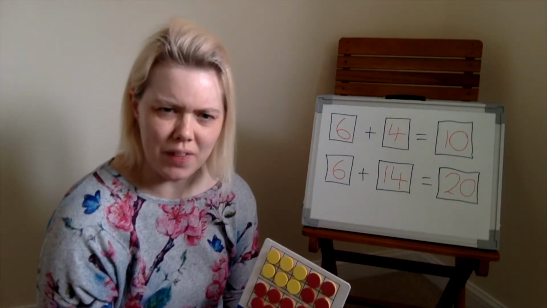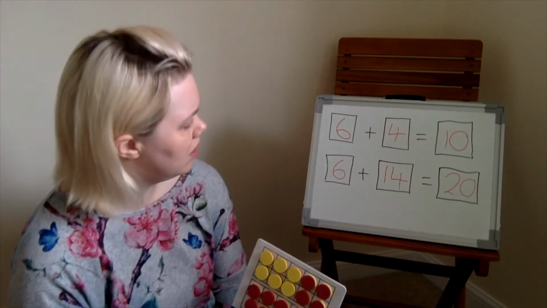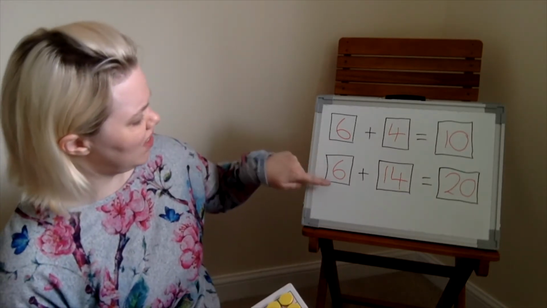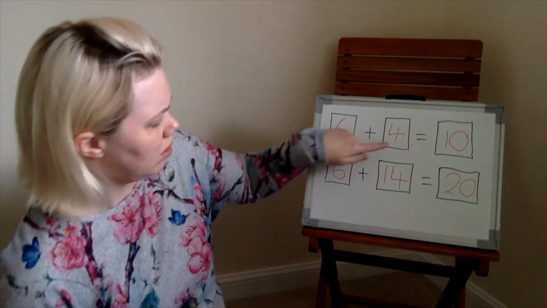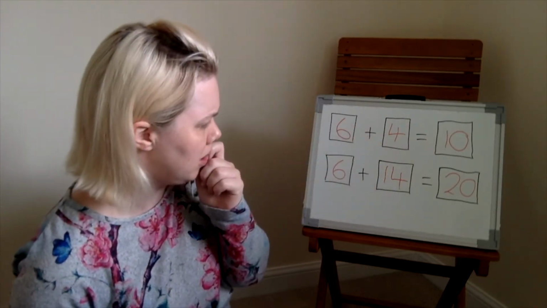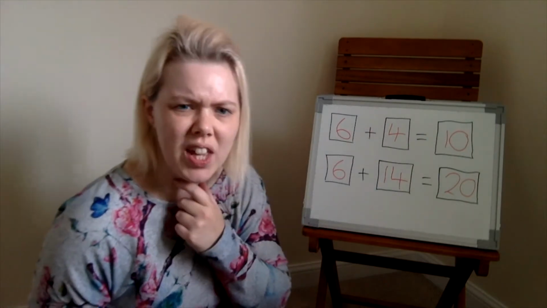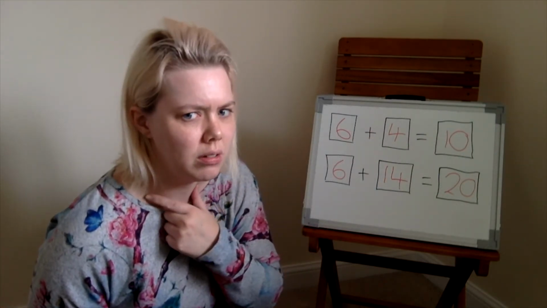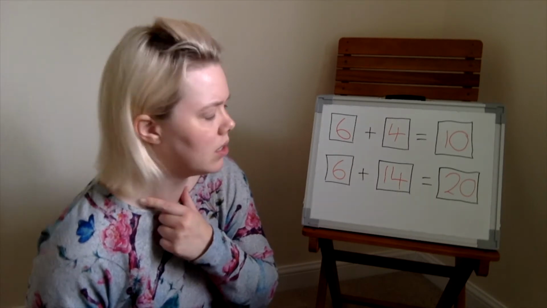I've noticed something a bit funny about these number sentences. There's a 6 in both of these. There's a 4 in both of these. There's a 0 in both of these. Have you noticed what's the same about my two number sentences?